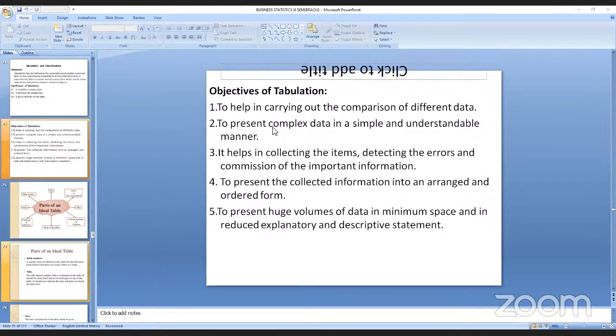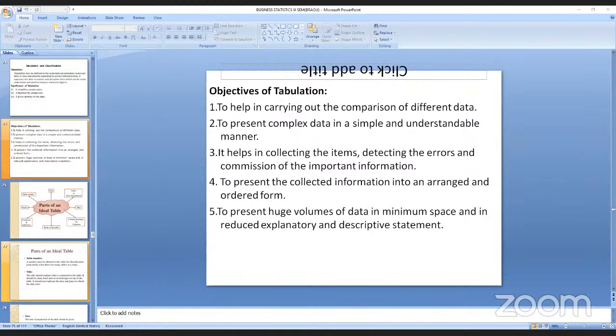It also helps in detecting errors and omission of important information. To present the collected information in an arranged and ordered form, in ascending order or descending order, systematically arranged.